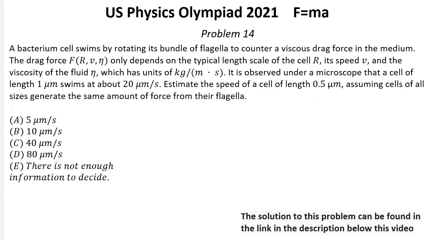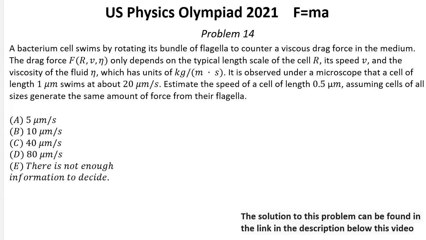Problem number 14. A bacterium cell swims by rotating its bundle of flagella to counter a viscous drag force in the medium. The drag force F as a function of R, v, and nu only depends on the typical length scale of the cell R, its speed v, and the viscosity of the fluid nu, which has units of kilogram over meters by seconds.